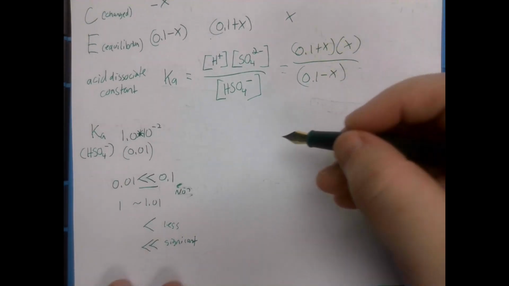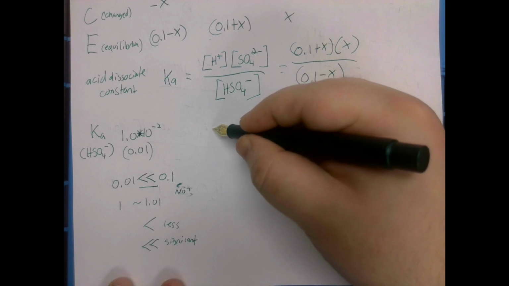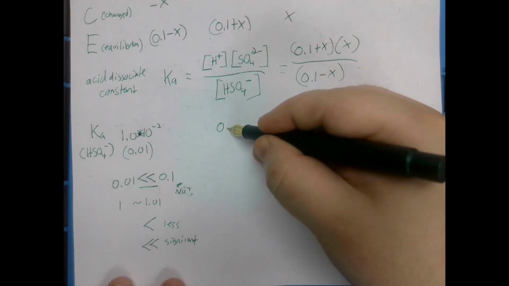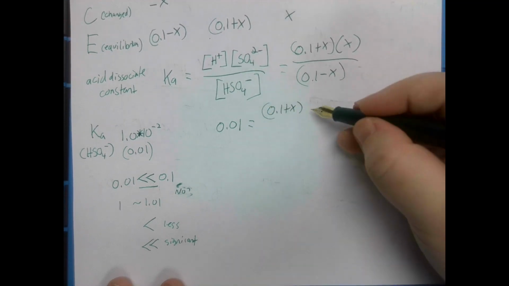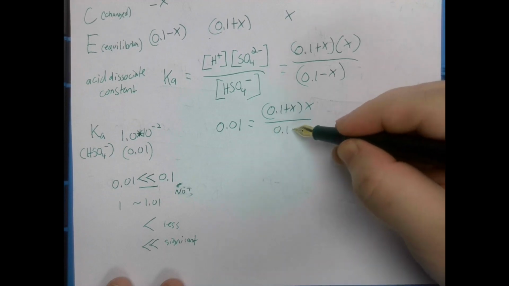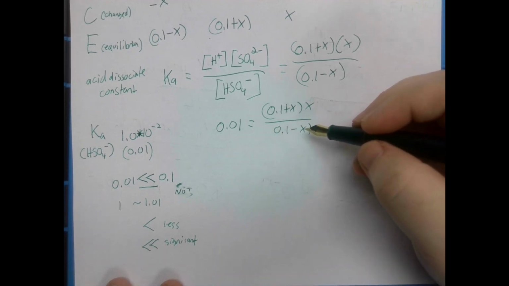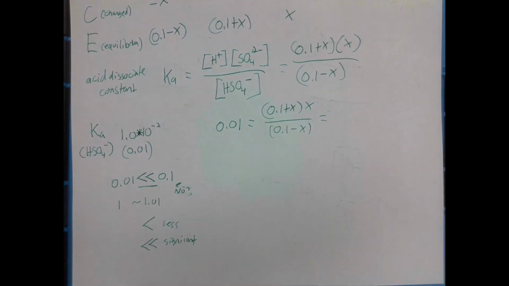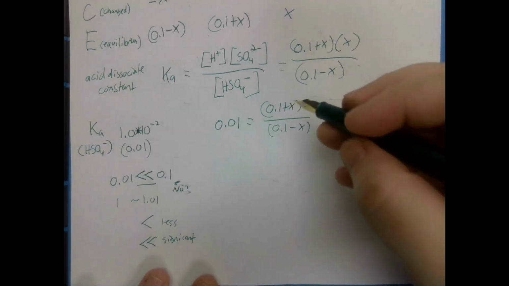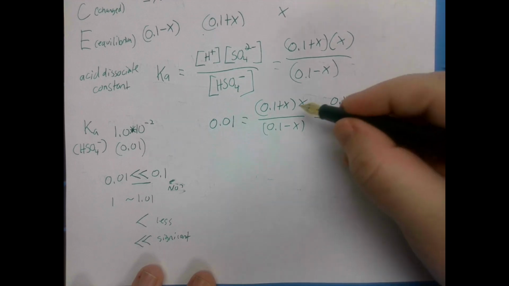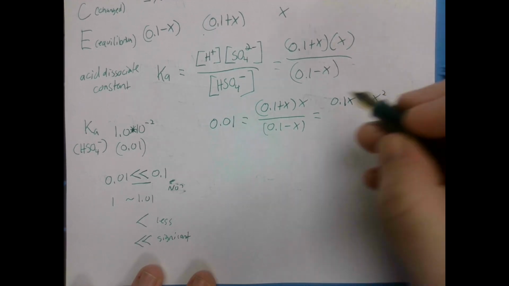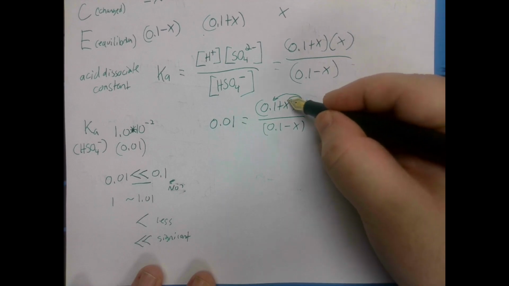So solving this algebraically, I have Ka, 0.01, is equal to 0.1 plus x times x, over 0.1 minus x. So distributing x using algebra, 0.1 times x plus x squared.